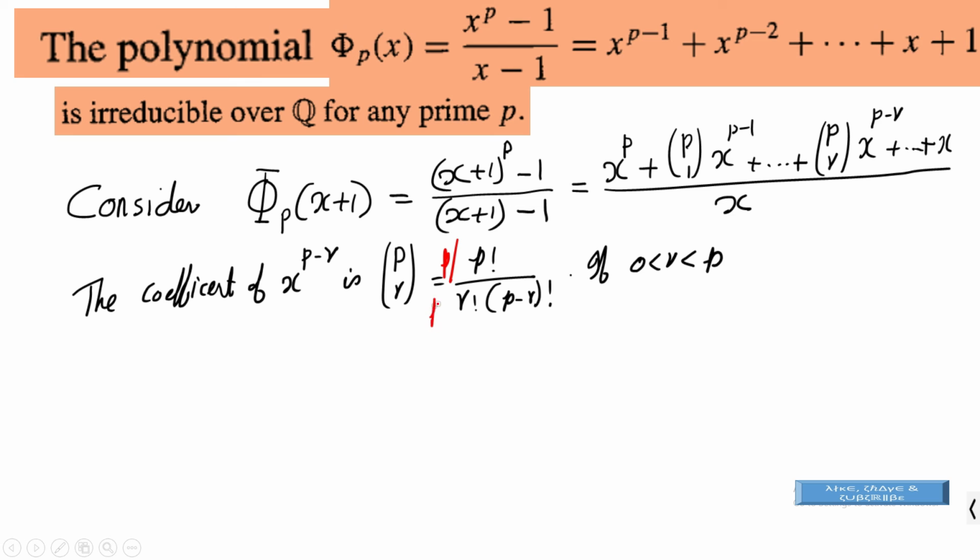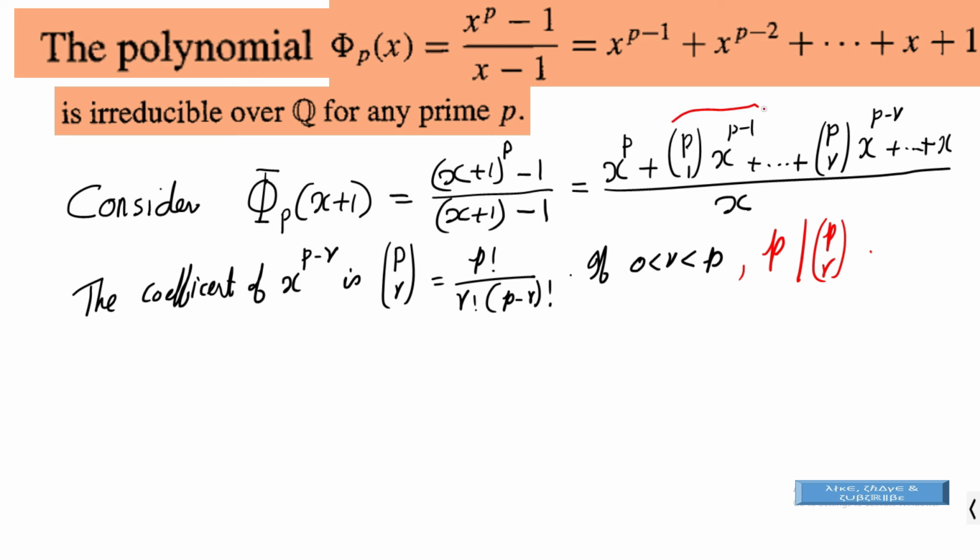You can see that p divides the numerator of p choose r, and p divides neither r factorial nor p minus r factorial, which means that p divides p choose r for 0 less than r less than p, which means that p divides all the coefficients except for the first term that are in the numerator.